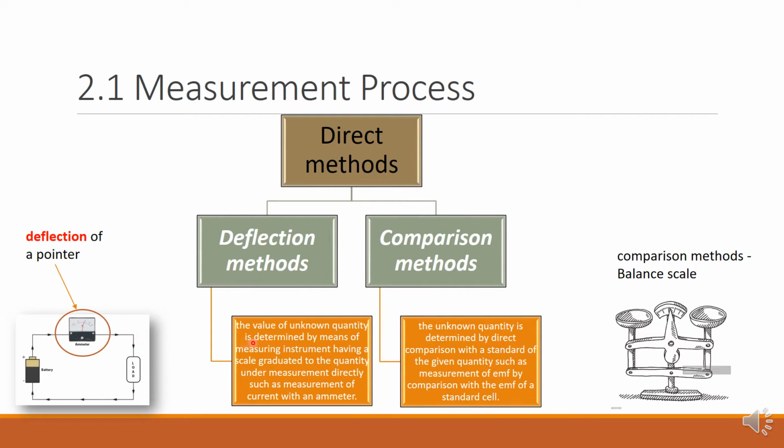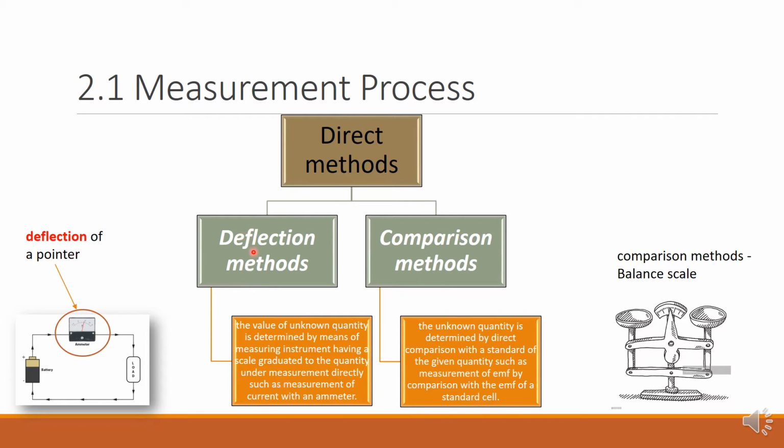In deflection methods, the value of an unknown quantity is measured with the help of a measurement instrument having a calibrated scale indicating the quantity under measurement directly. So this is the definition of deflection methods.